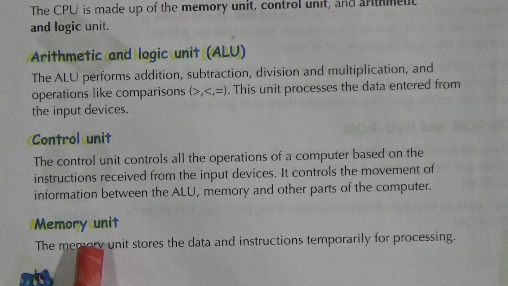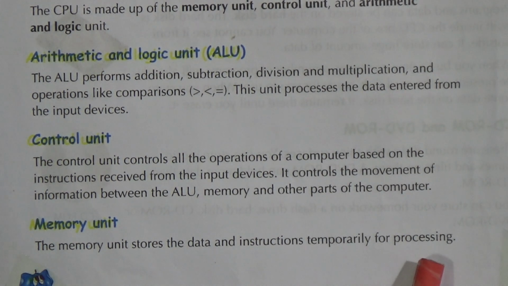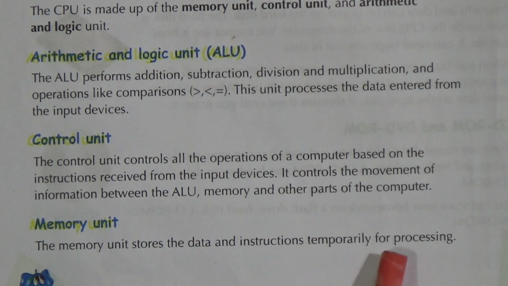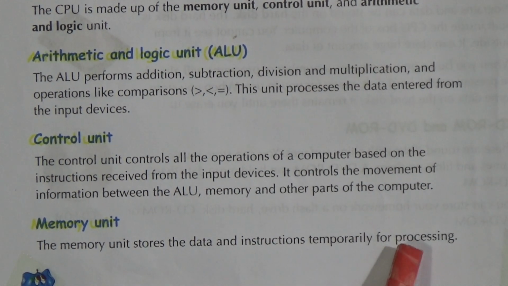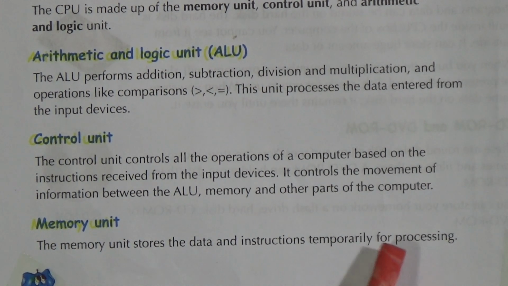Next is the memory unit. The memory unit stores the data and instructions temporarily for processing. So the work of the memory unit is to process the data after storing it temporarily. Let's go to the next page.